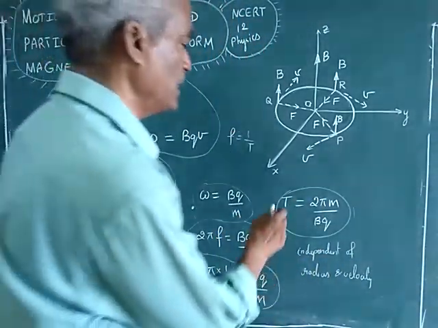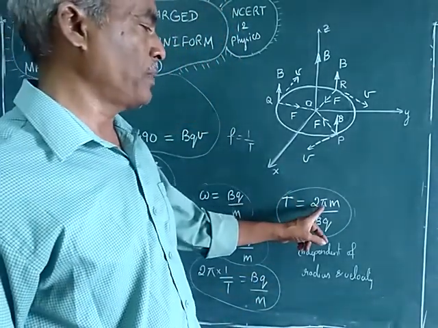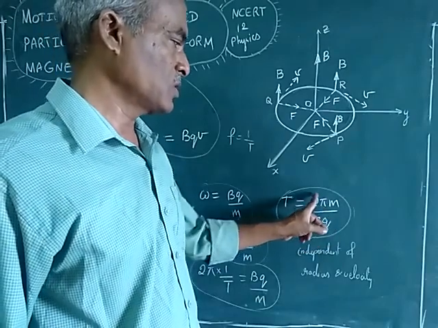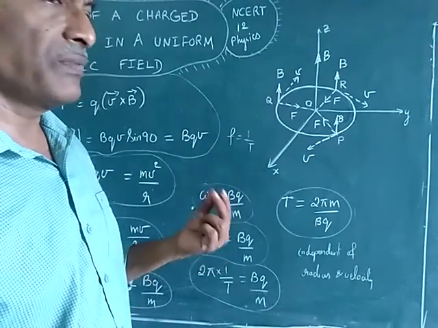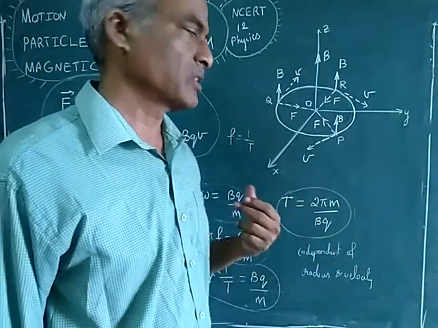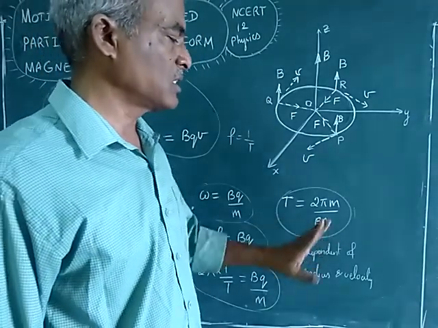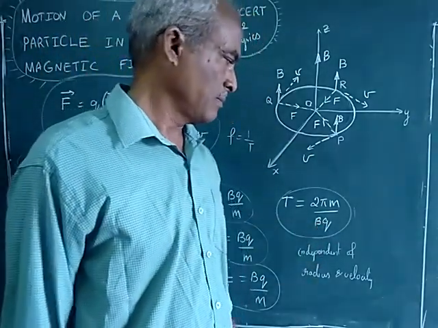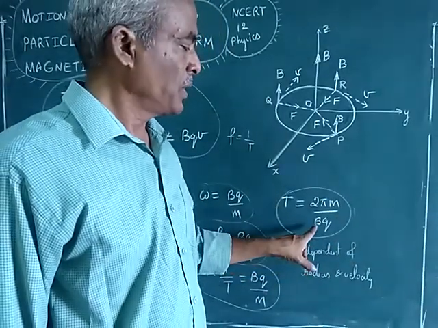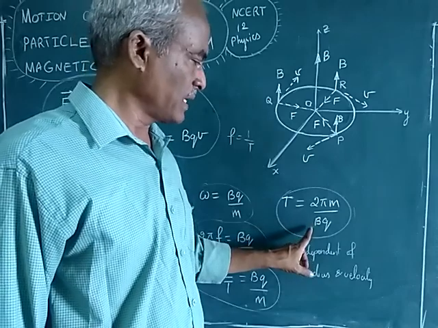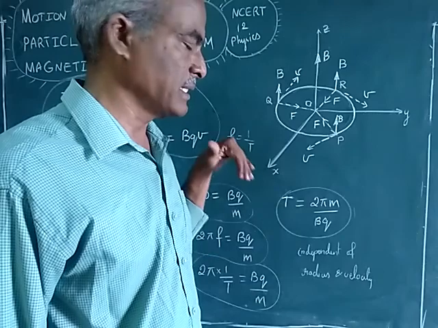Now if you see the time T, which is equal to 2 pi into m by Bq: the mass of whatever particle we are going to use, electron, proton, anything, is going to be constant. Charge is also constant. Mass, charge, 2 pi, everything is constant. That means if the flux density B increases, the time decreases.